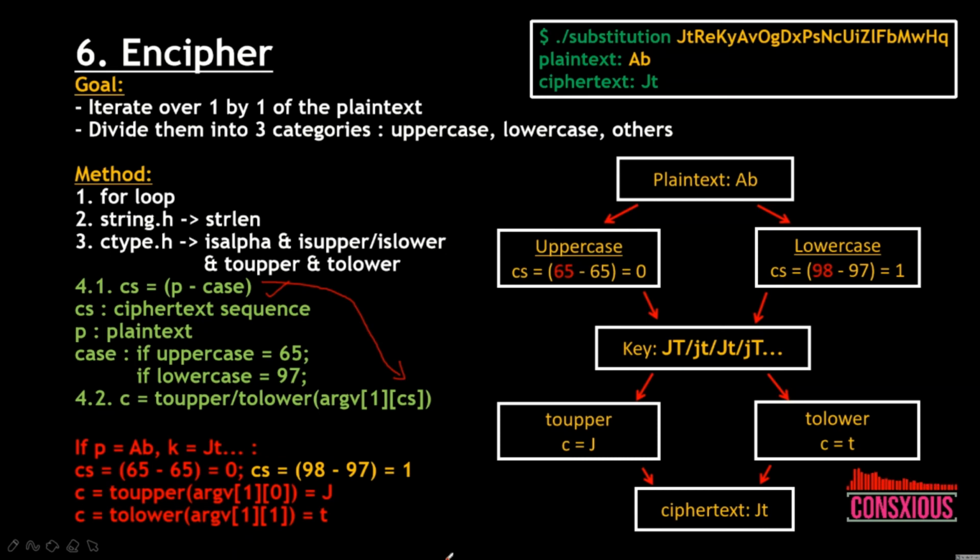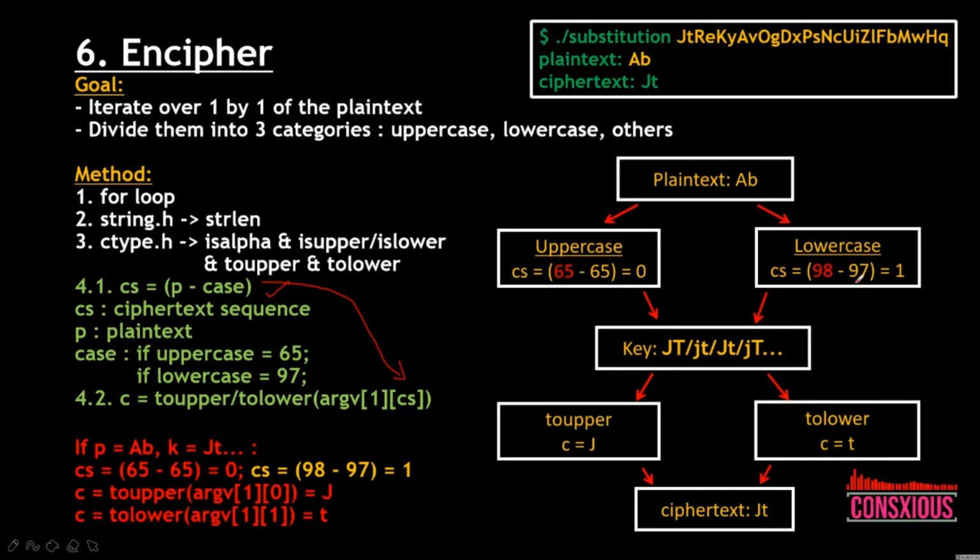Let's take a look at the example here. For example, AB is the key, and we divide it into two. For uppercase, CS equals 65 minus 65, which is 0. For lowercase, CS equals 98 minus 97, which equals 1.